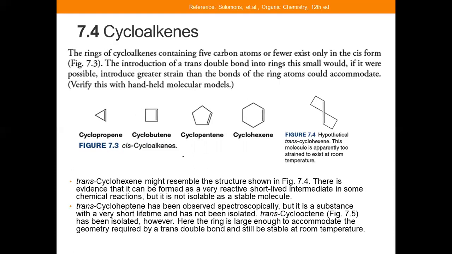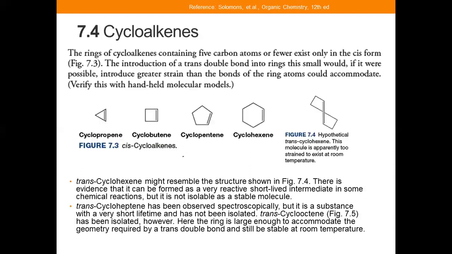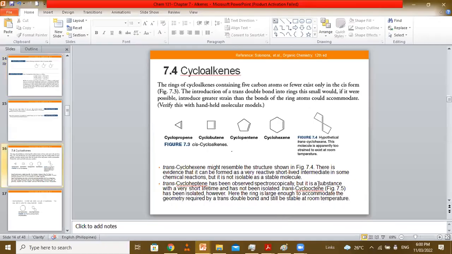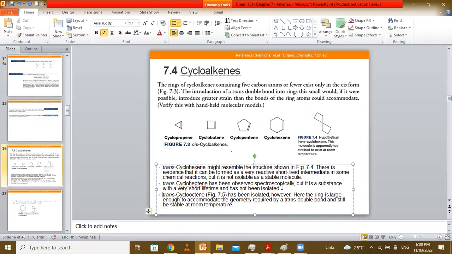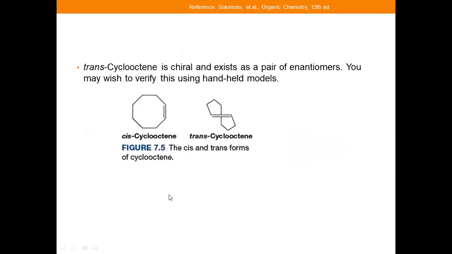So this is your cycloheptene, and you can have a trans-cycloheptene aside from the cis.